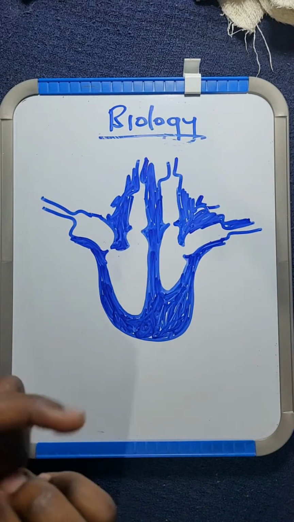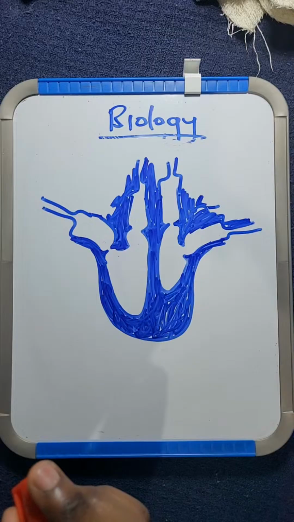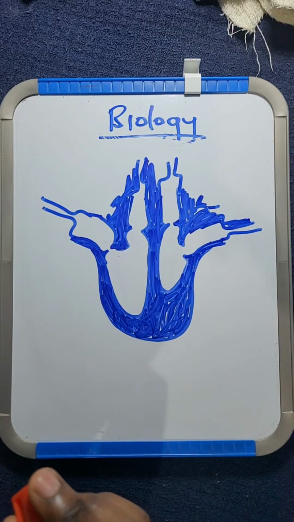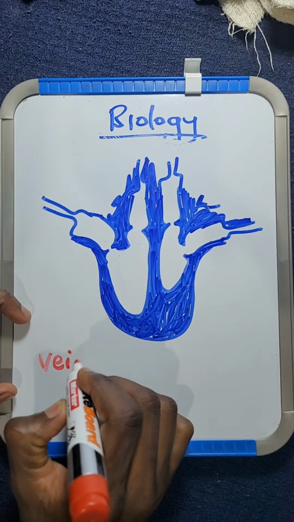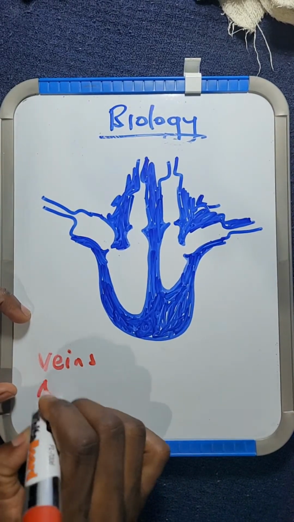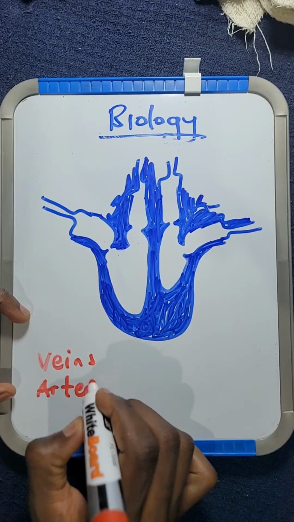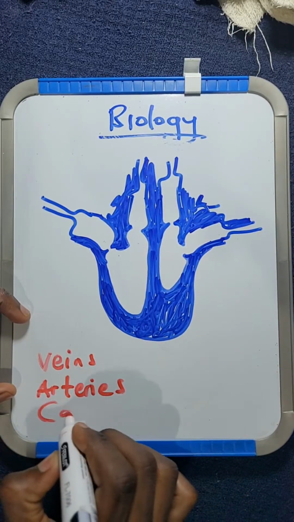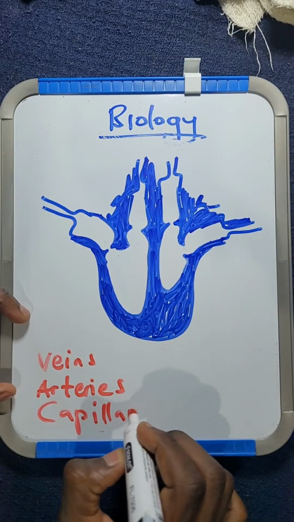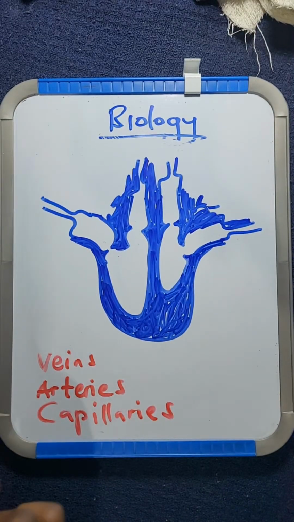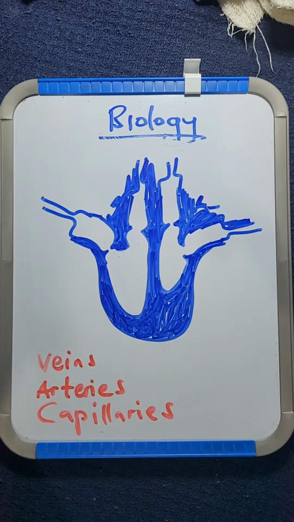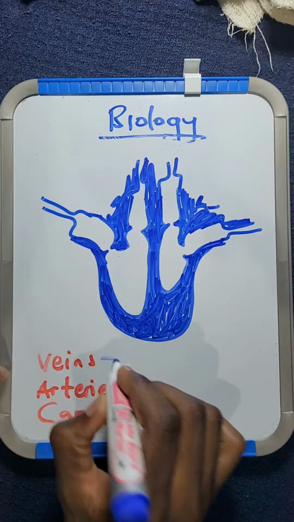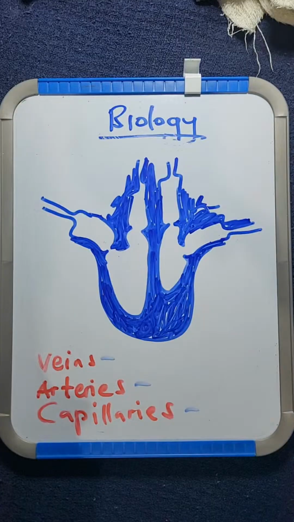When it comes to blood vessels, there are three types: we've got veins, arteries, and capillaries.